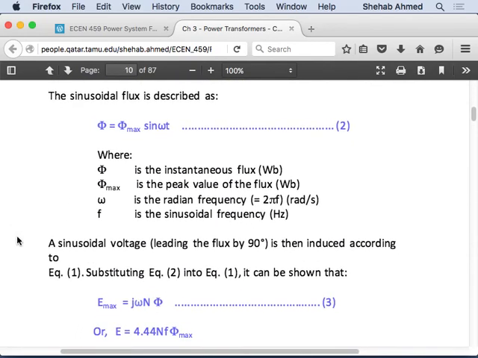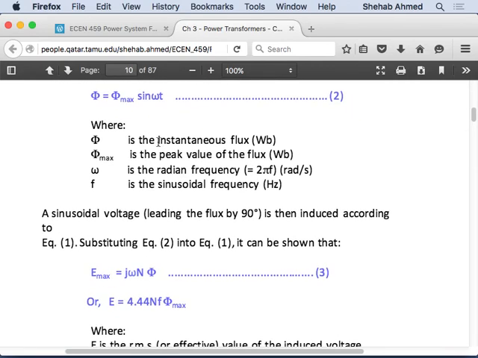So now let's say we put a sinusoidal flux, and we know that the voltage is basically the differentiation of the sinusoidal flux. So let's say we take this and we differentiate that. We get omega cosine omega t times phi max, right?